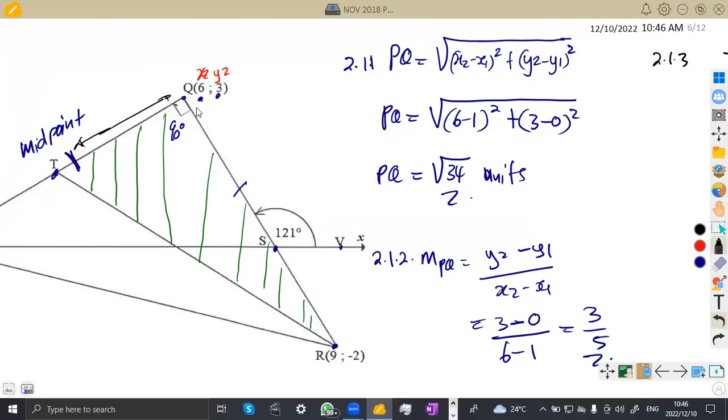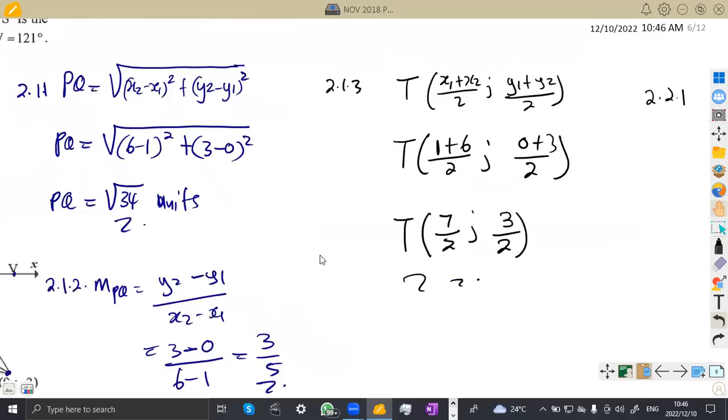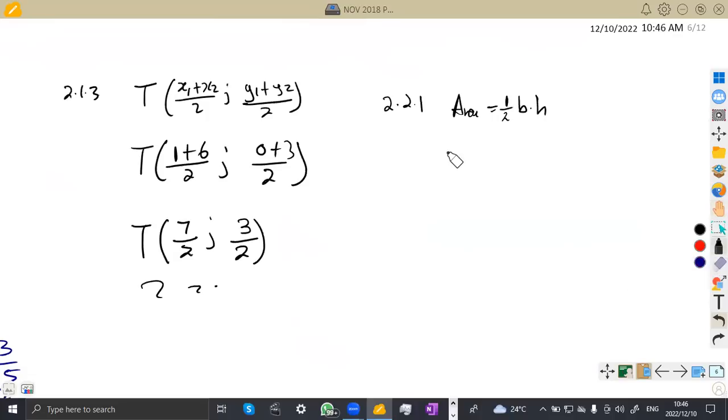This is T to Q and Q to R. So we've got QT and QR. We are going to have our area as half multiplied by QT times QR. So that is half base times the perpendicular height.